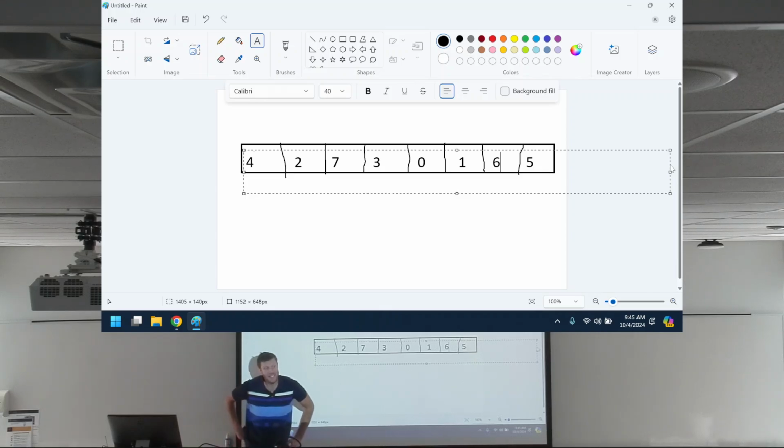So we guarantee that the x coordinate for each queen is unique because there's only one index 0 in this list, and the index is the x coordinate. And we also guarantee that the y coordinate is unique because this is a permutation of unique values. If there's a 4 here, I know no other queen can be in row 4 because there's no other 4 in this list. I know that because it's a permutation.